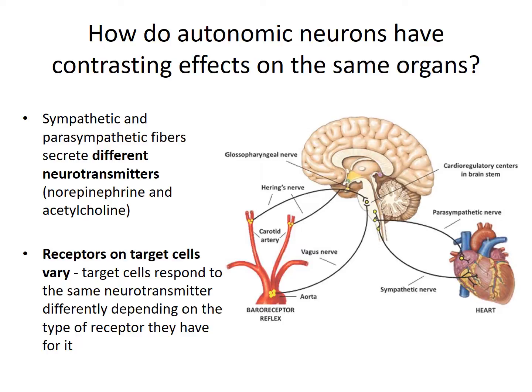So the receptor is what determines the response of the target cells. And different receptors for any given neurotransmitter can have different actions. So two different receptors for one neurotransmitter can result in different actions from the target cells.